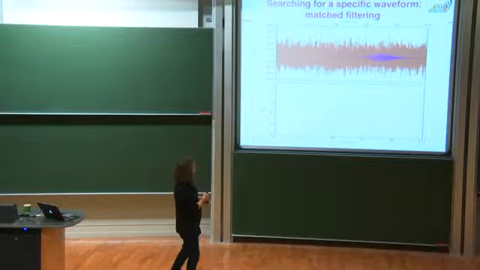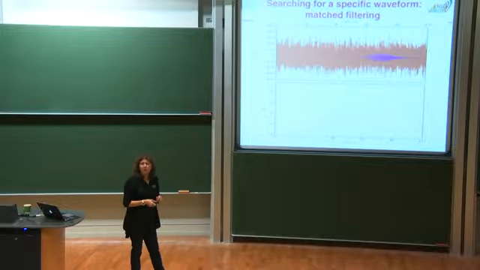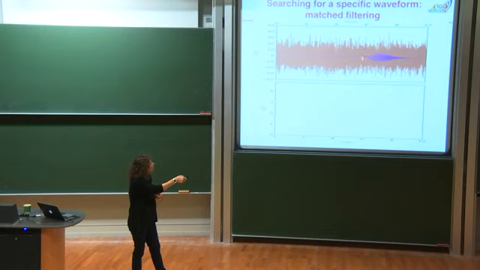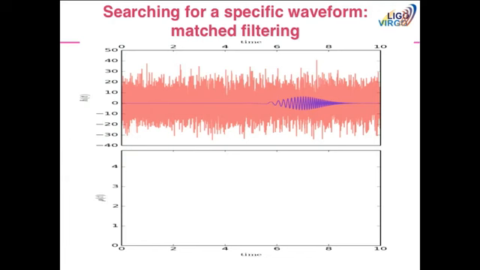Even if you try filtering, you wouldn't see it cleanly. But there is something in there. You think that there's something in there, and you think you have a good model for it. Then you use your waveform model, and you cross-correlate that waveform model with your data at different times. And from that cross-correlation, you define something that we call a signal-to-noise ratio.